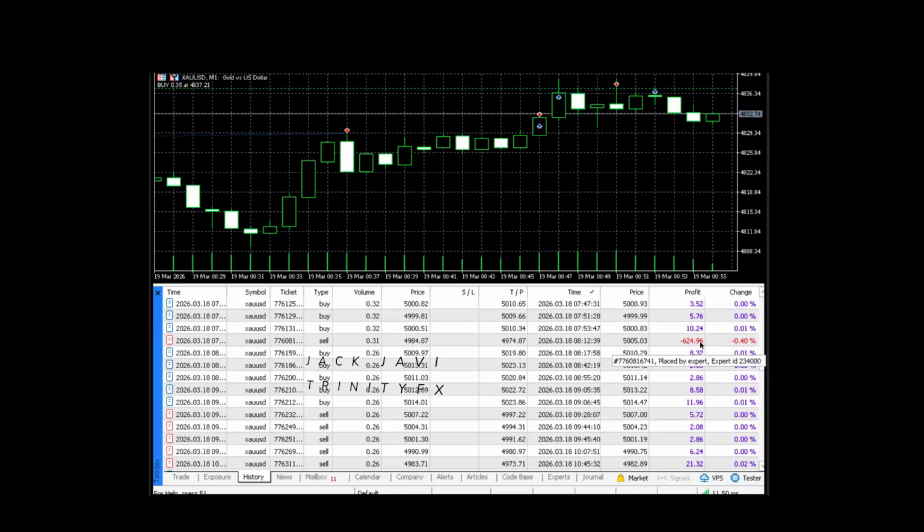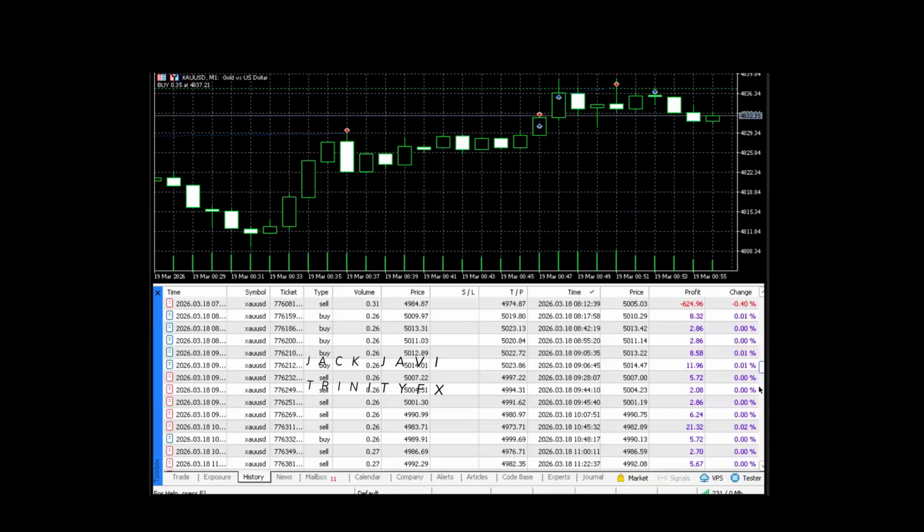I keep on observing and upgrading, and I think the upgrade worked quite well. At first we lost 624 when it touched the sell. Then the second loss shows up. I think the second loss is somewhere up.